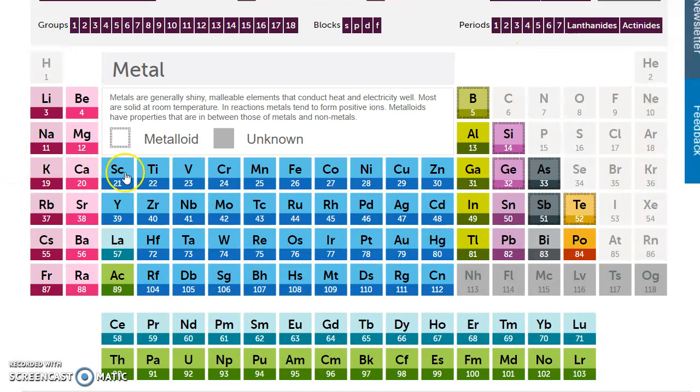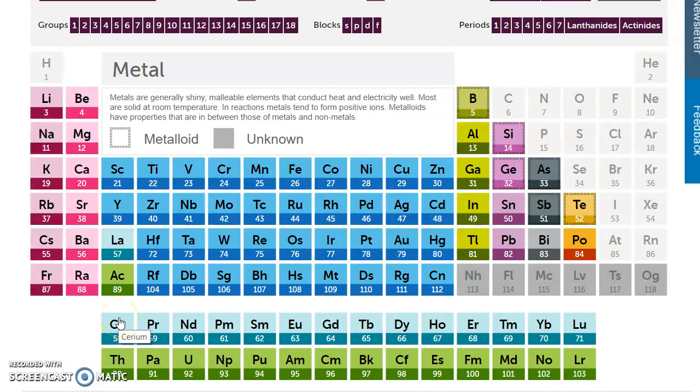So the transition metals are all of these, the blue and the green ones here. You might wonder why these ones are down the bottom here. Well, the reason is that they should actually slot in between here. Can you see? If they were ordered in order of increasing proton number, you can see this one, lanthanum, has 57 protons in its nucleus.